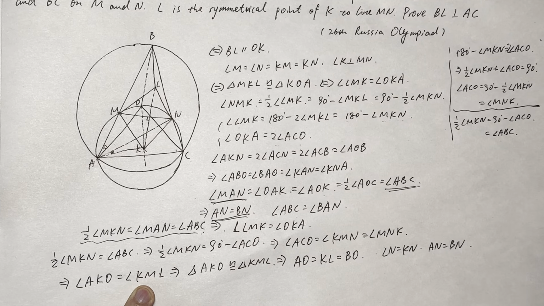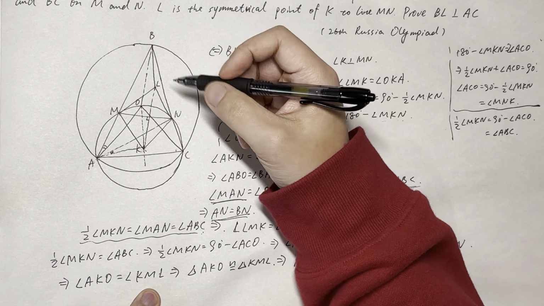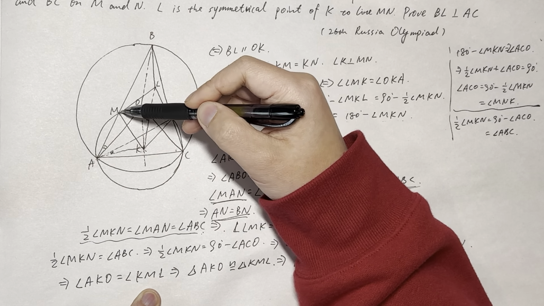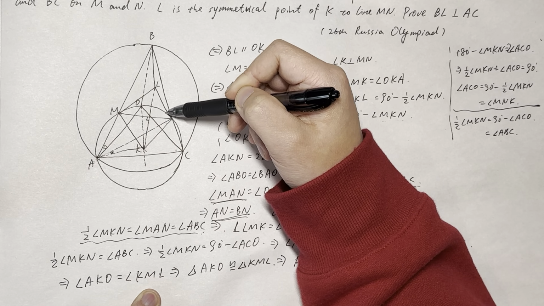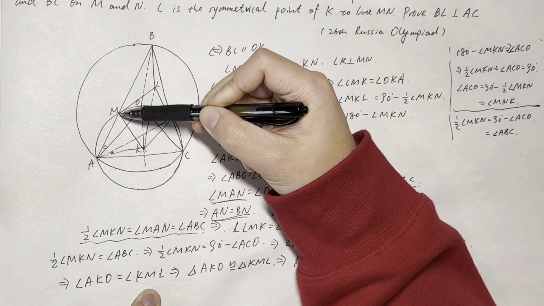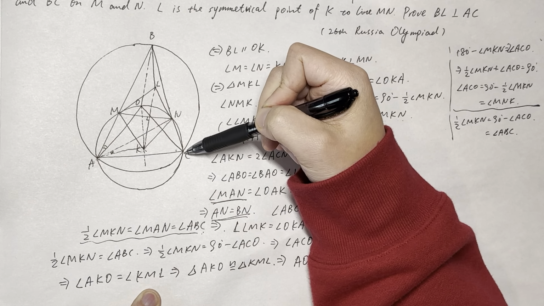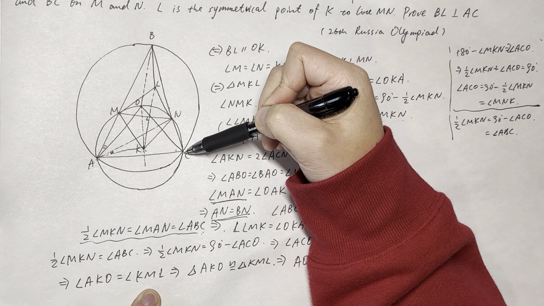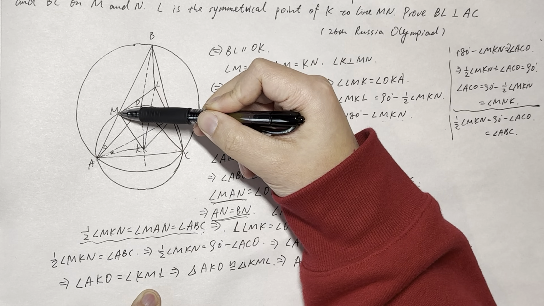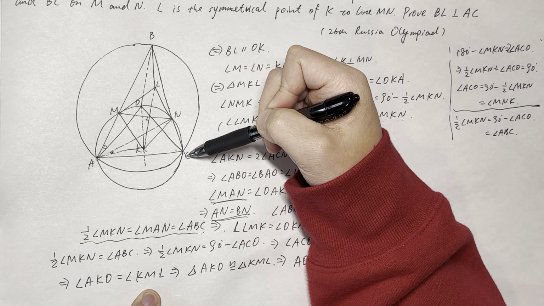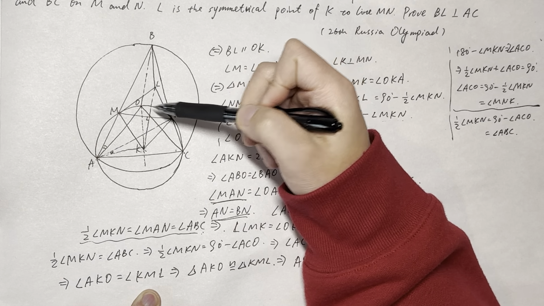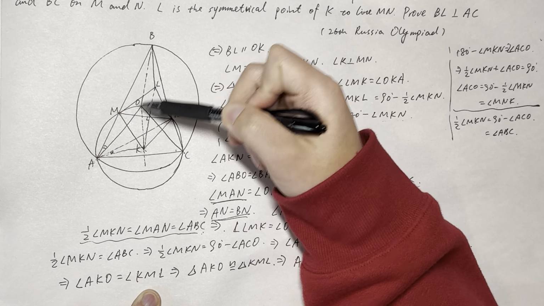Here we have several ways to prove. Let me try to use this way. So this angle, the angle MNB equals angle MAC, right? The angle MNB equals angle MAC, and angle MNL equals angle NML.